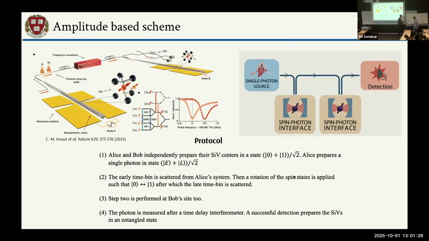Yeah, indeed. So let's see, I don't want to confuse notation, let's keep it. That's fine. Okay, yes. So indeed, if we were in the early one and we scattered, then we're lost. One thing, however, is that I did do a flip in between. So if I was in the early, I will now be in the one state.